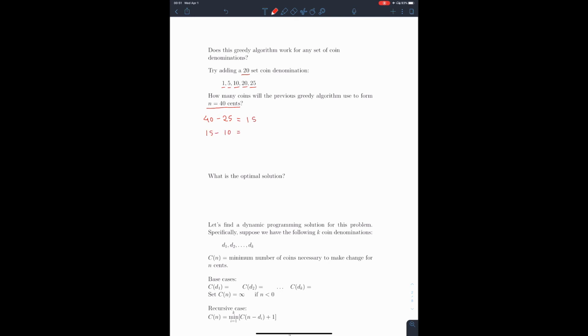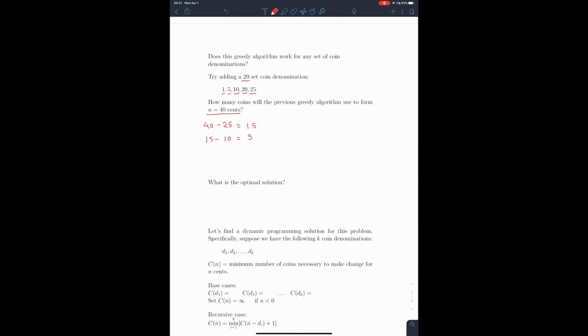We are left with 5. In this case, we can use 5 to get to 0. Here we used 1 quarter, 1 dime and 1 nickel.